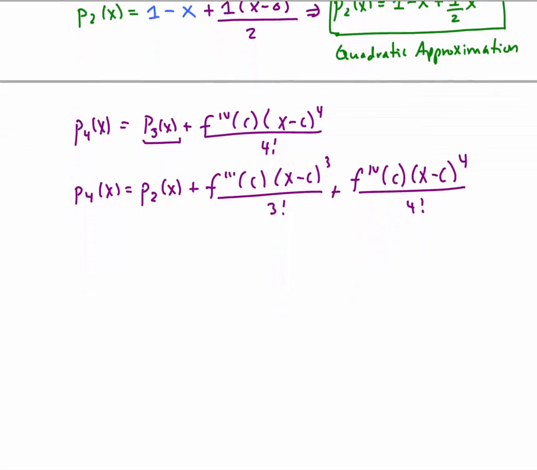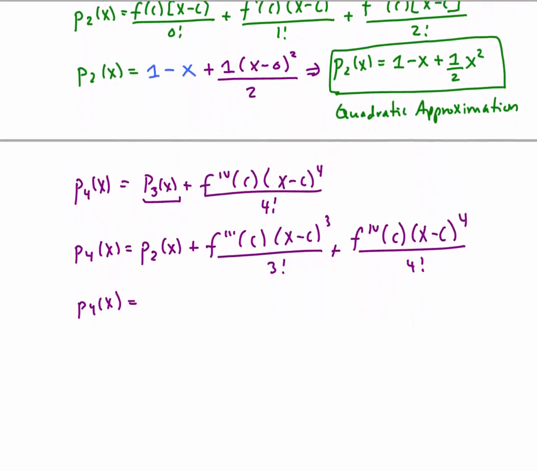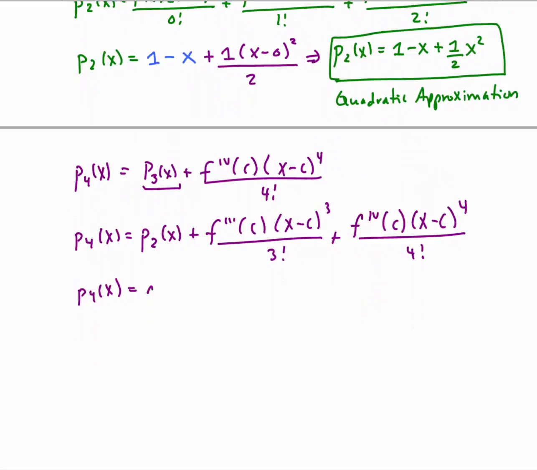So because we skipped P3, I had to rewrite P2 plus that third derivative to help us figure out what's going on here. So I have P4 of x equals, now P2 of x, I already know from up here, is 1 minus x plus 1/2 x squared. So this bit right here is P2 of x.